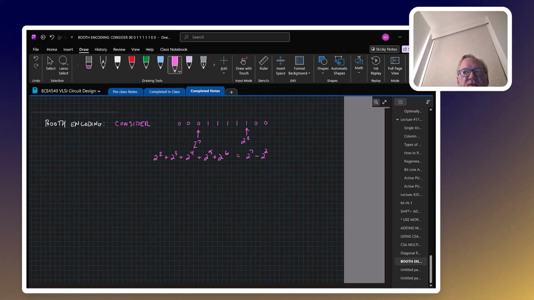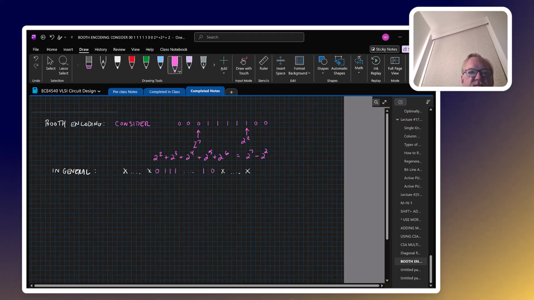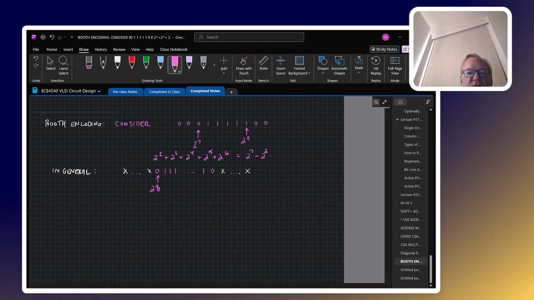So in general, if we have sequences where we have strings of 1s that are followed by 0s, we can write those in a special way. So let's say we have this 0 in the qth position, so this is 2 to the q, and we have our last 1 over here in the rth position, 2 to the r.